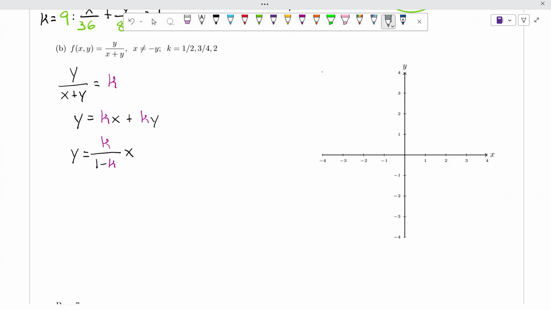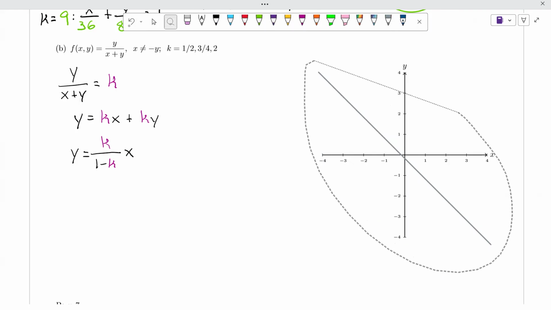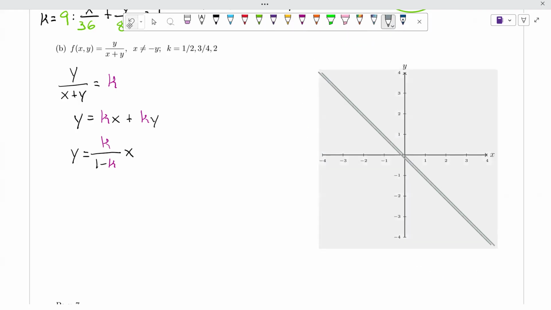So I'm going to start by just drawing in that line and saying we don't want to be along it. Maybe I'll move it slightly so that it actually passes through the origin.